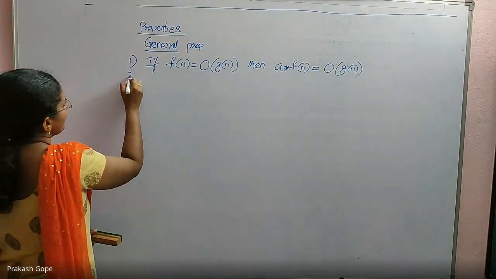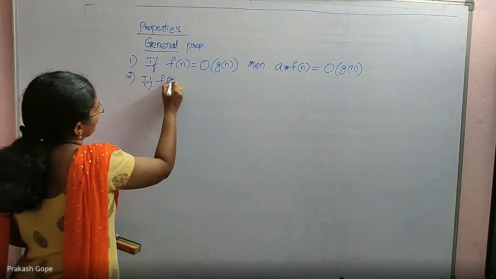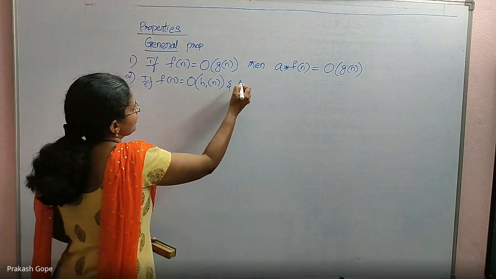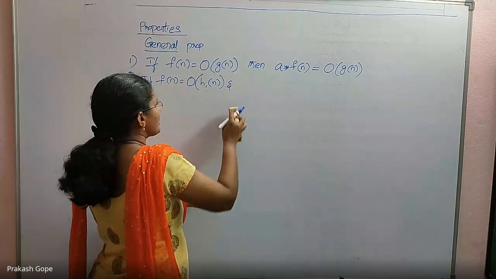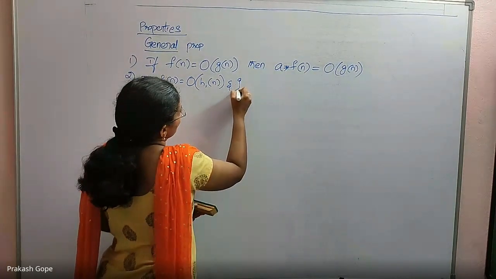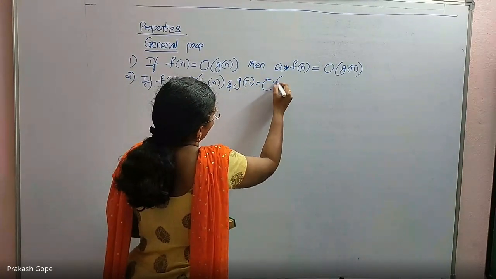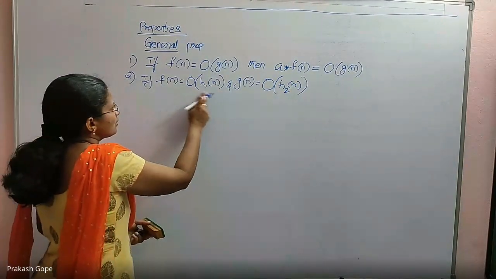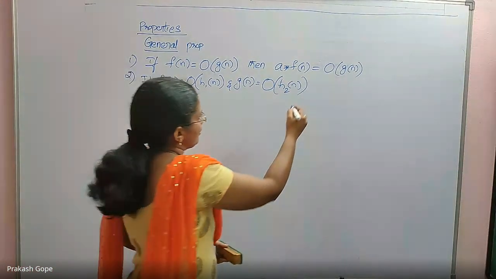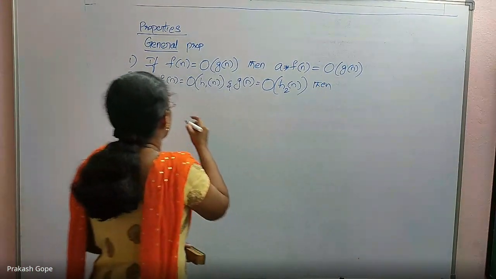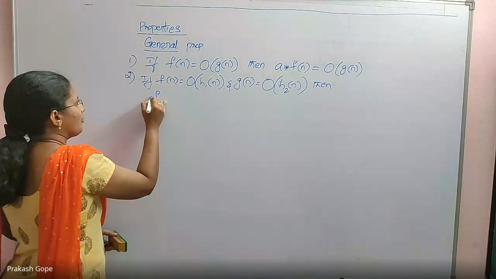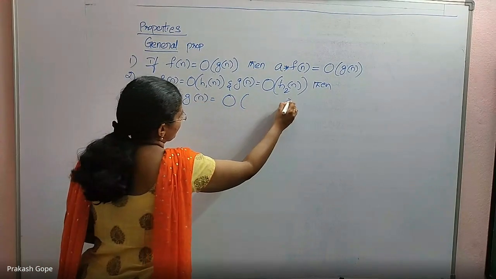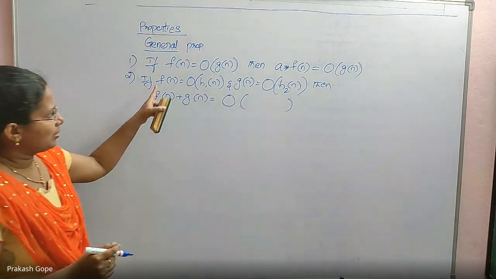Okay, second property. If f of n is equal to big O of h1 of n and g of n is again big O of another function, h2 of n, this is h1, this is h2, then I am adding the left hand sides.